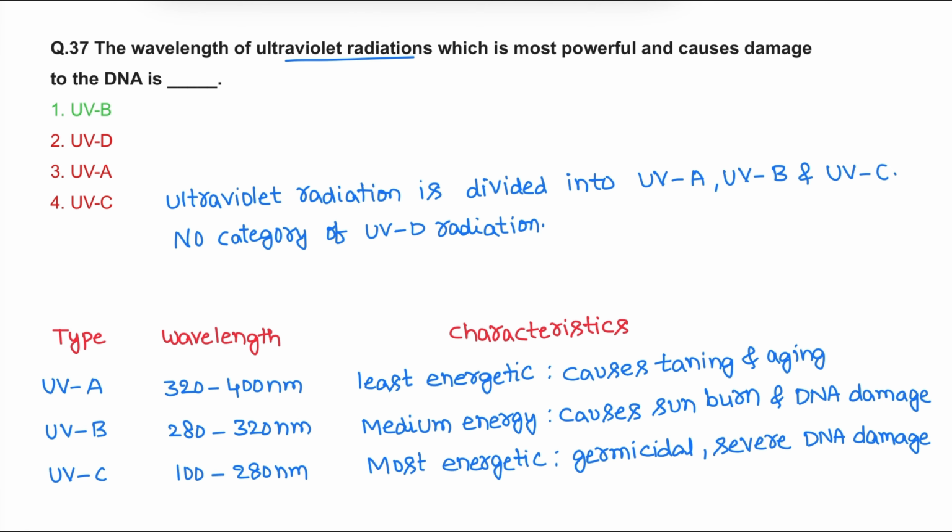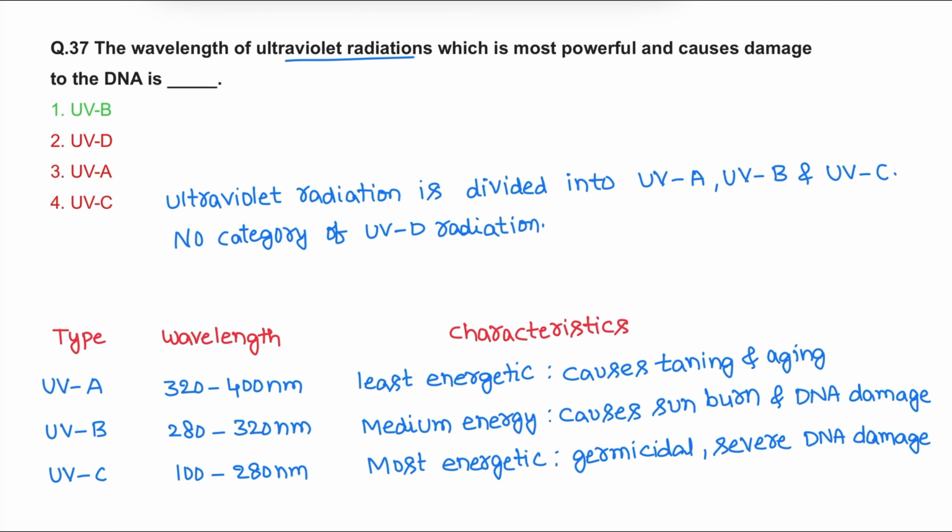For UVA, the wavelength is 320 to 400 nanometers, which is least energetic, whereas for UVC, the wavelength is 100 to 280 nanometers, less wavelength, higher frequency, which is most energetic, germicidal, and causes severe DNA damage.